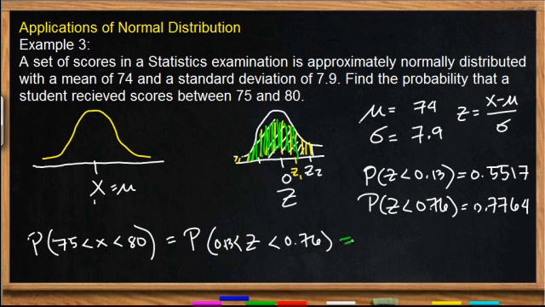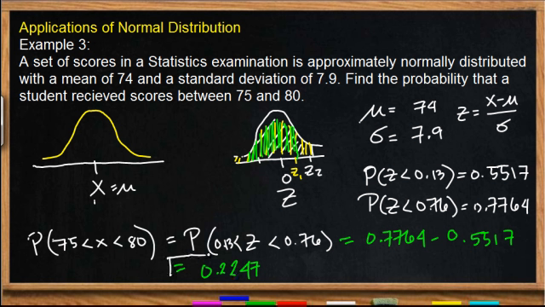That is equal to 0.7764 minus 0.5517, and the answer must be equal to 0.2247. So the probability that the score of a student is between 75 and 80 is equal to 0.2247.